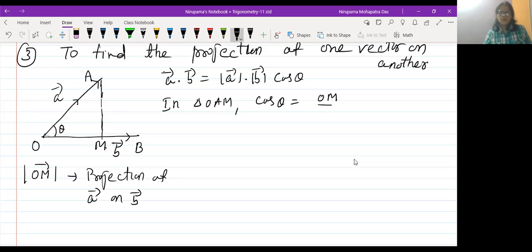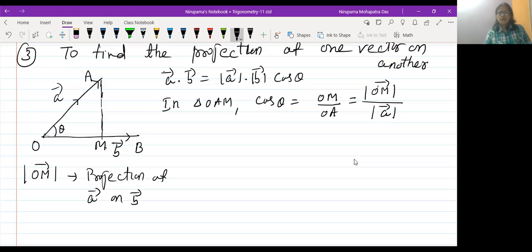I am not putting the vector symbol here. OM is part of the OB vector, so it is the magnitude of OM, and OA is basically the magnitude of A.